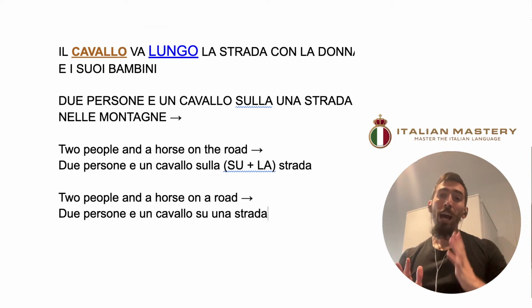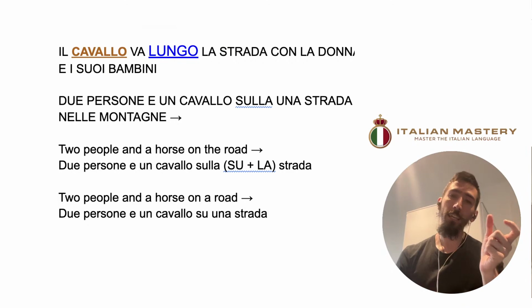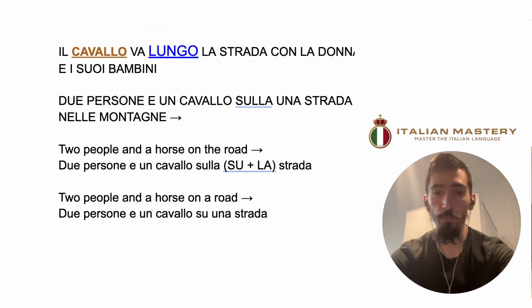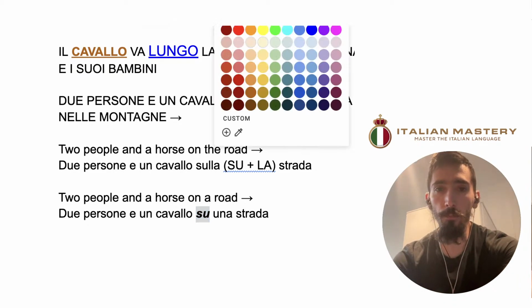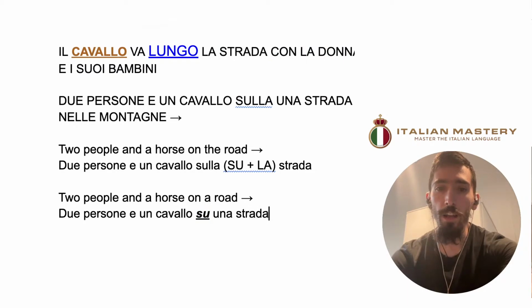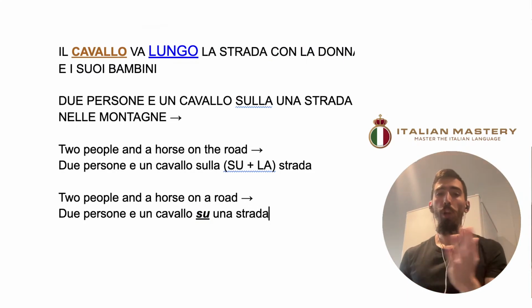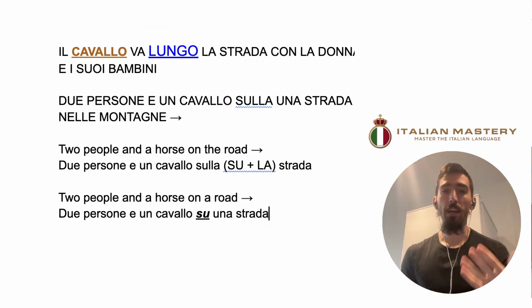Now, when we have a preposition, su in this case, it could be in, di, a, etc. In this case, we have su. This is the preposition. And an indefinite article, una: a road, a rabbit, a bottle.